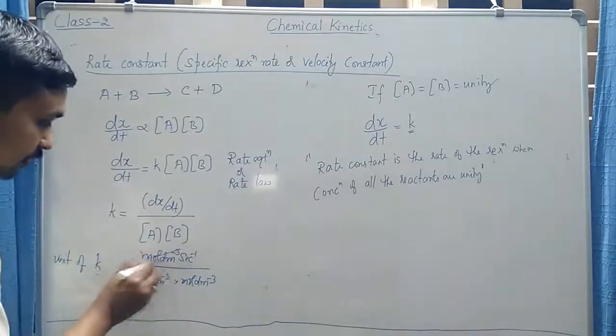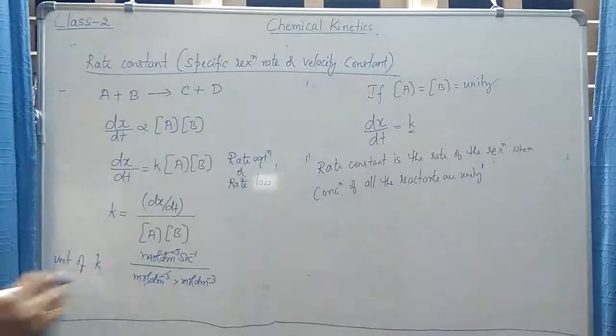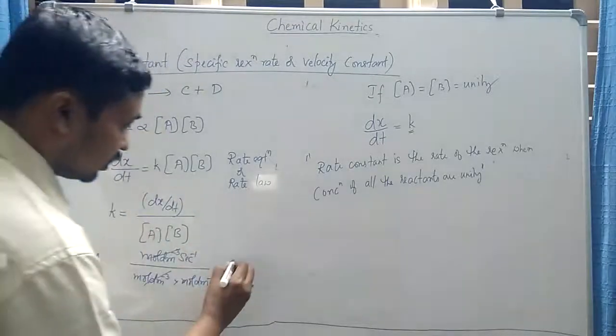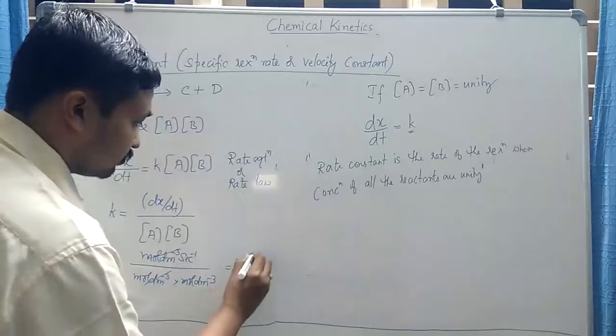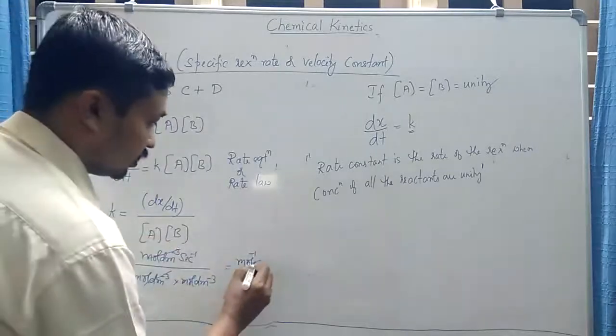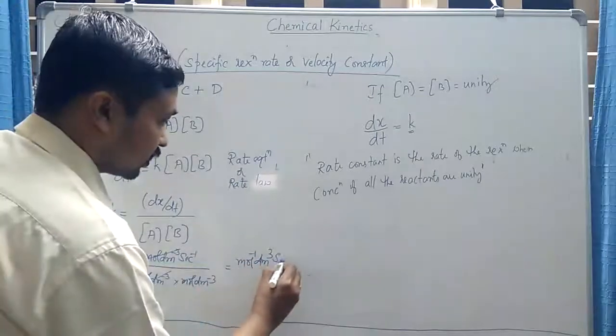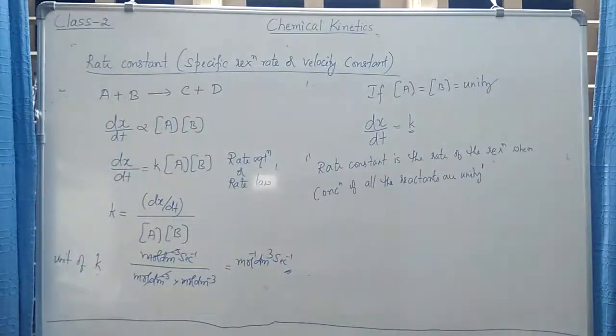Mole per dm cube gets cancelled. So the unit, if I take this to the numerator, becomes dm cube per mole per second. This is the unit of rate constant for this particular reaction.